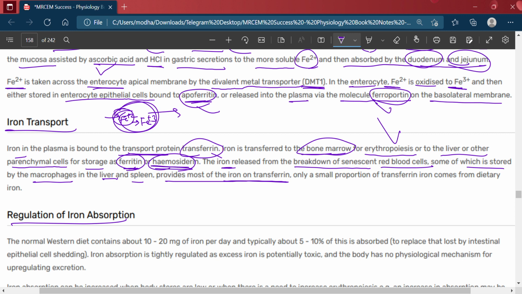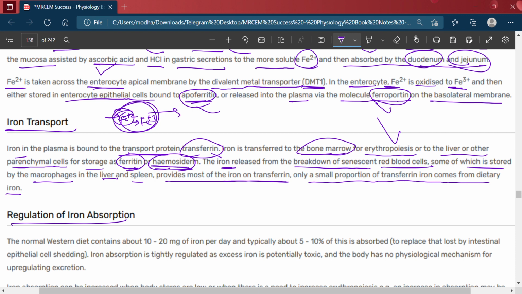Only a small proportion of transferrin iron comes from dietary iron.